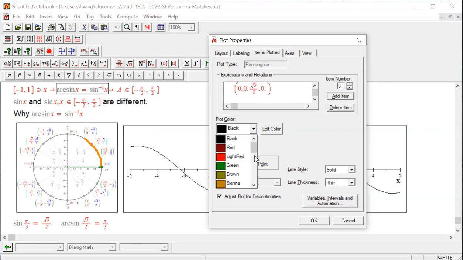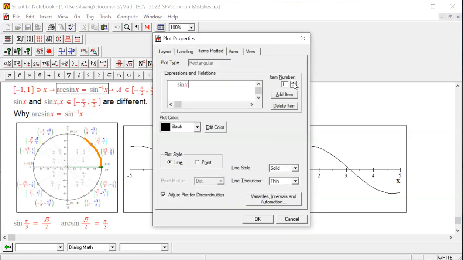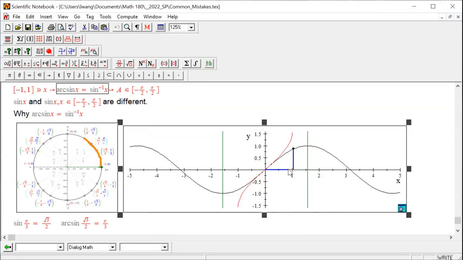The blue is a little shorter, but this blue is root 3 over 2. See that this blue and this blue, the vertical blue and the horizontal blue, they're the same length.